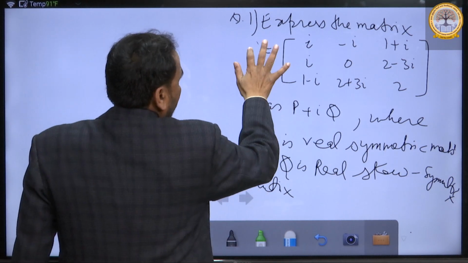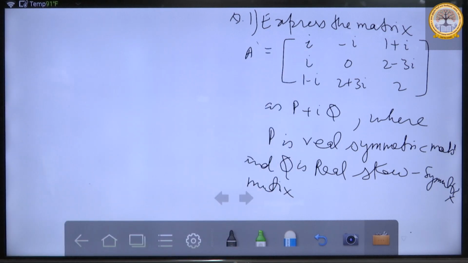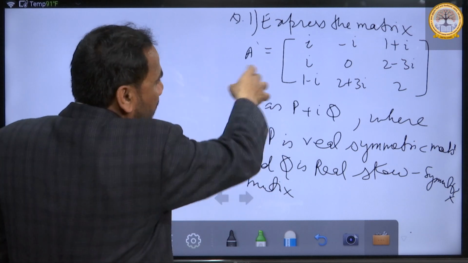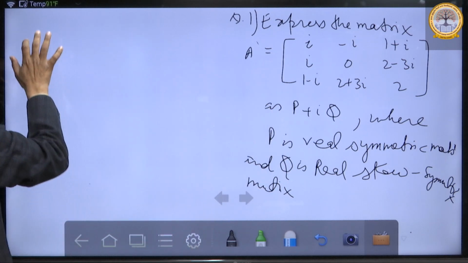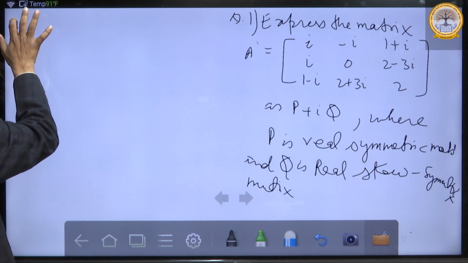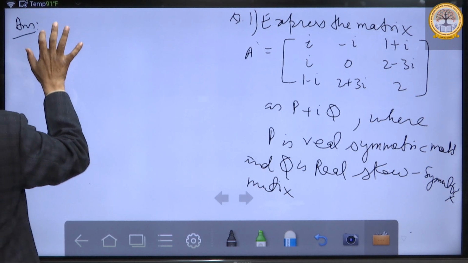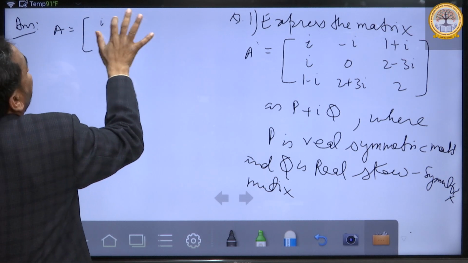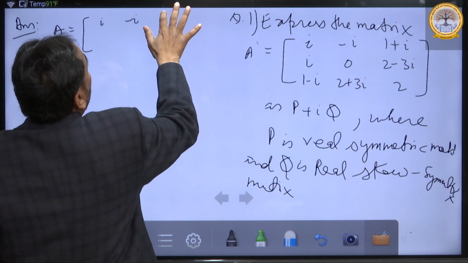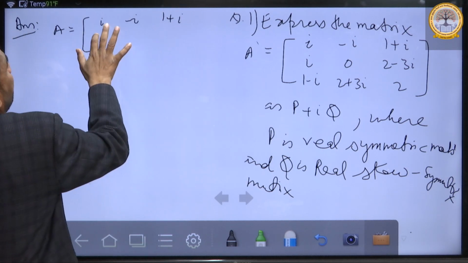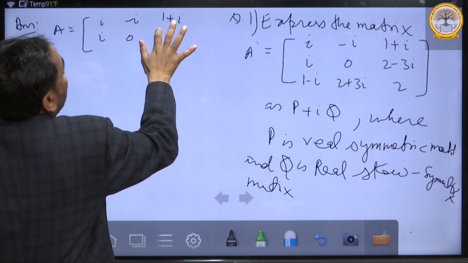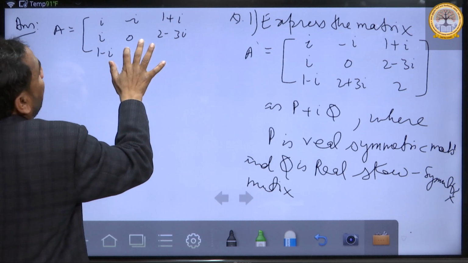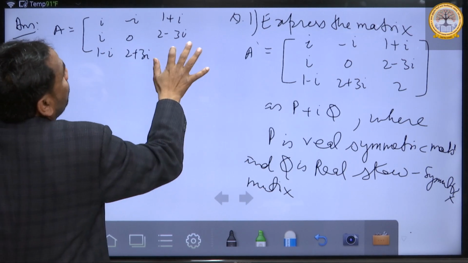Here A is equal to this, so we will solve it. We will find A dash. It means A is equal to [i, minus i, 1 plus i; i, 0, 2 minus 3i; 1 minus i, 2 plus 3i, 2].